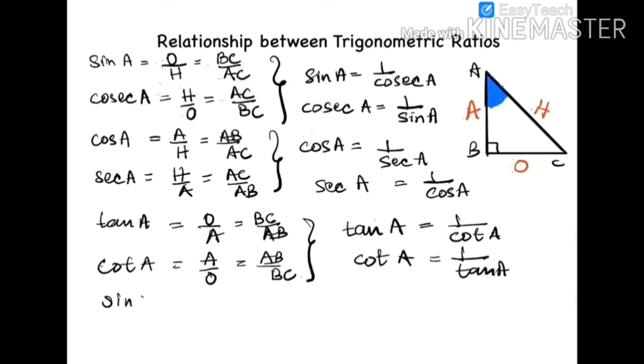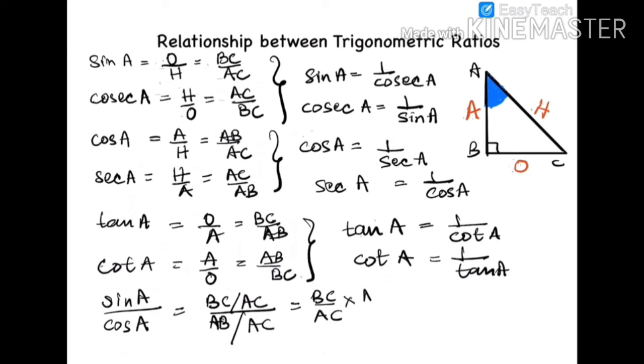Also, let's find the ratio of sin A upon cos A. Sin A is BC upon AC, and cos A is AB upon AC. So when we simplify this, AC and AC will get cancelled, and we will get BC upon AB. But what is BC upon AB?